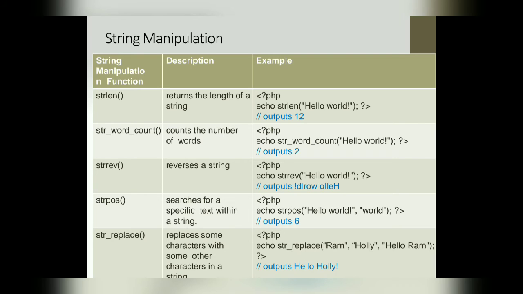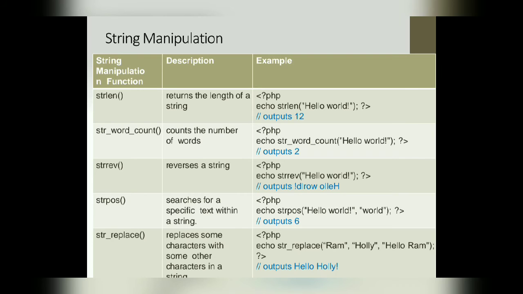Again, defining functions questions can be asked in your exam. That can be for 8 marks, basically with 4 functions given to describe, with 2 marks each. Okay, so strlen returns the length of a string.